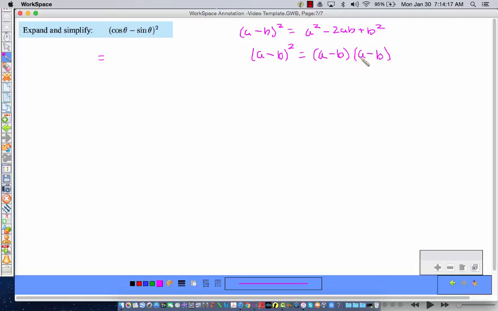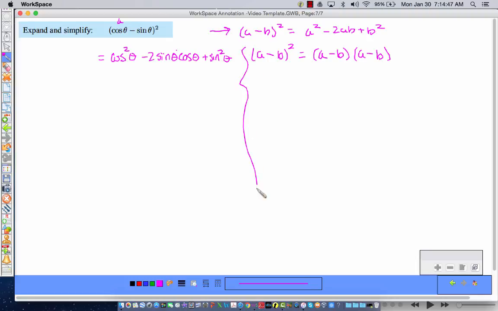And you can just expand using the acronym FOIL if you would like. I'm going to use this method right here. It's clean and it's easier. So we would end up with cosine squared theta, because this is A, this is B, minus 2 sine theta cosine theta, AB, I went ahead and did BA, plus sine squared theta.